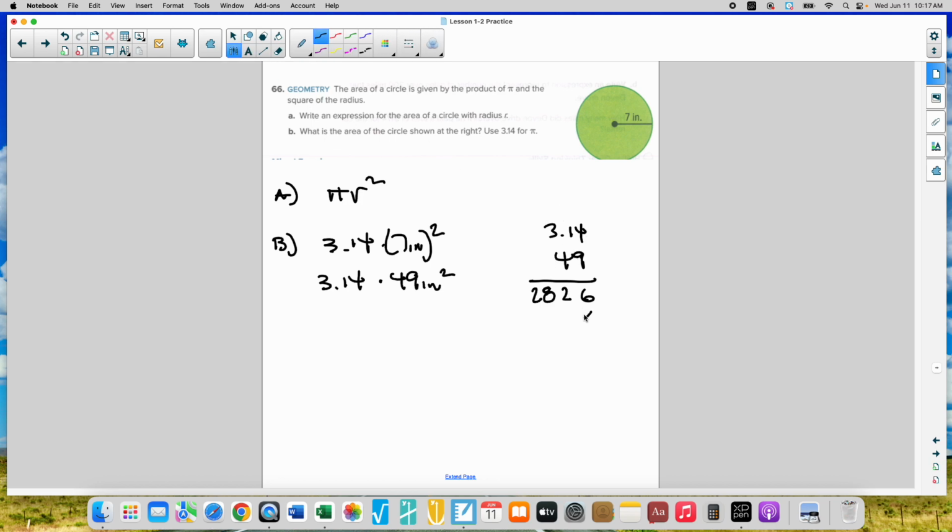And now move the decimal place, or move a place value. 4 times 4 is 16, which is 5, and 12. So 6, 8, 3, 5, 1, 2 decimal places. So it's going to be 153.86 inches squared is the area of the circle shown. I think we're good there.